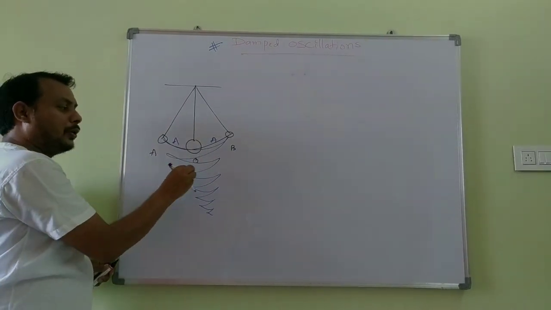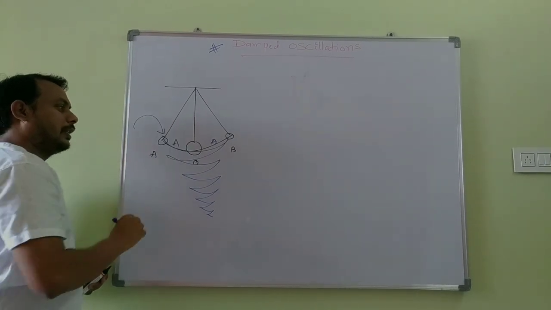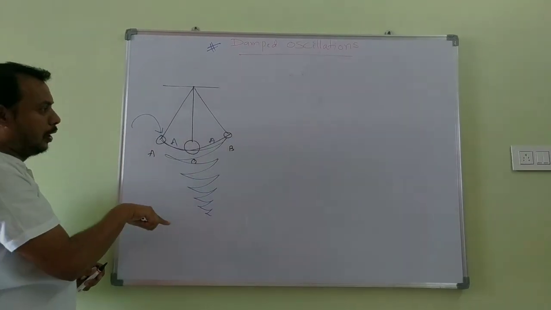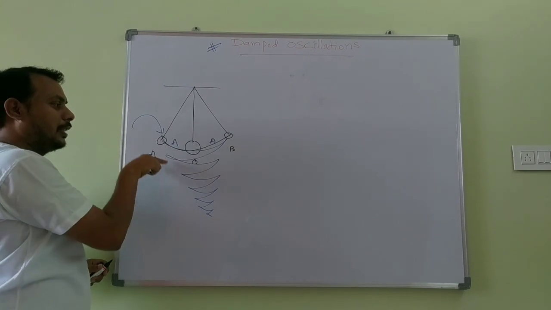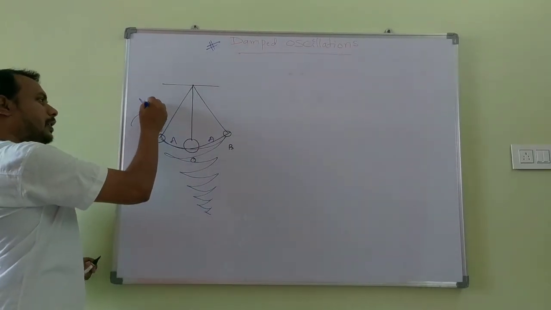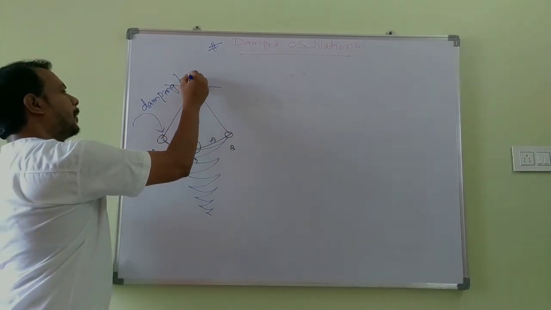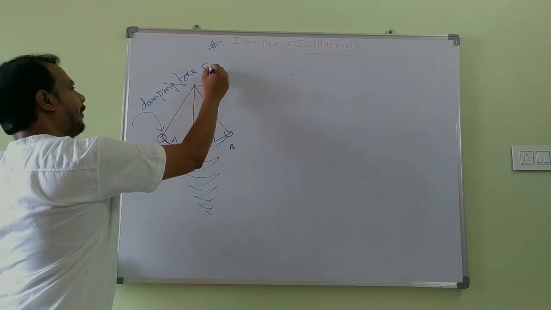Why does the amplitude decrease? Because the air offers a resistance force on the oscillator. Due to the resistance force, the amplitude decreases. The resistance force is known as the damped force or damping force, indicated with Fd.